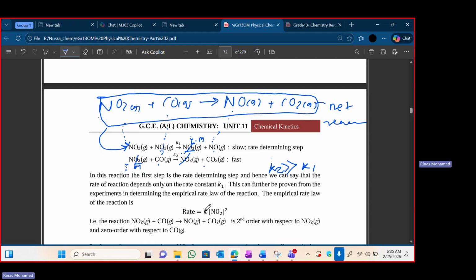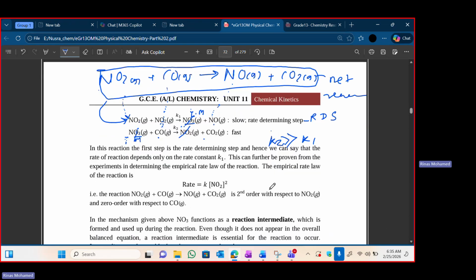Right? Then, which one is the RDS now? The first one is the RDS. So how will you write the overall reaction's rate law? With the slower step, you can write rate equals K into NO2 squared.